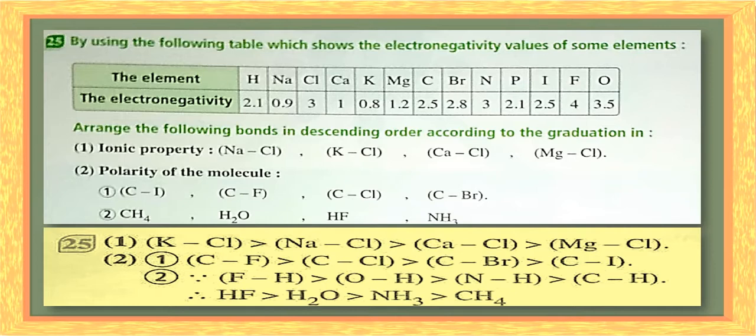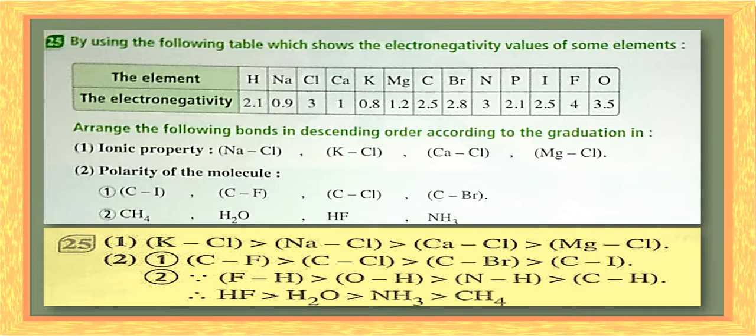Here we have 0.8 and 3, so the highest difference in electronegativity will be KCl, and less than it NaCl. Below them we have CaCl and MgCl. So KCl is higher than NaCl, higher than CaCl, higher than MgCl.